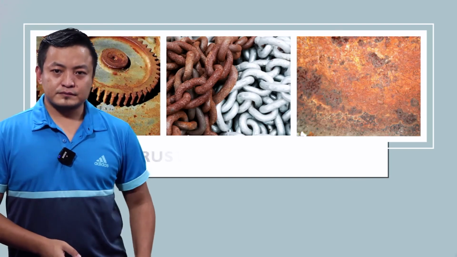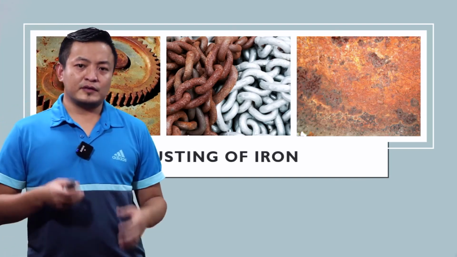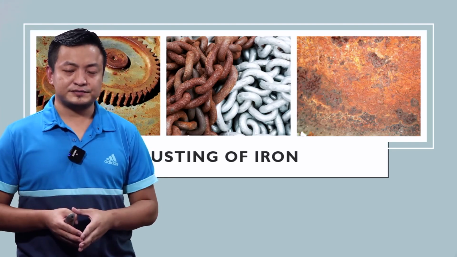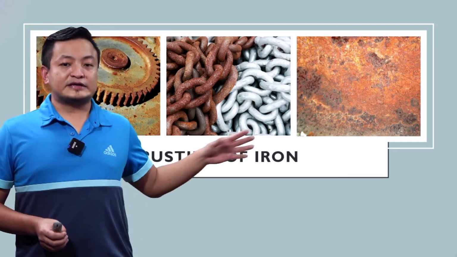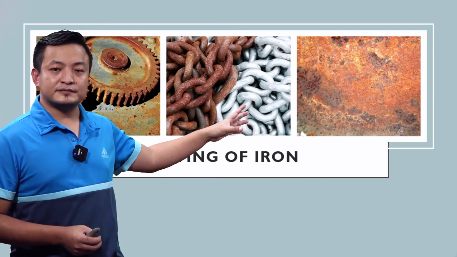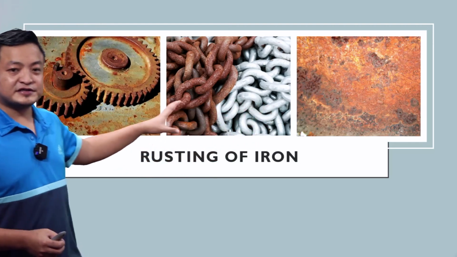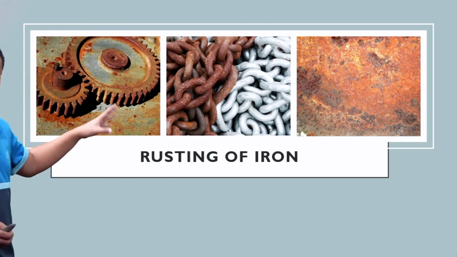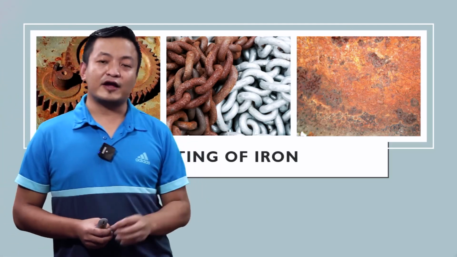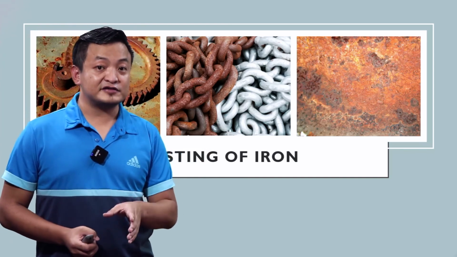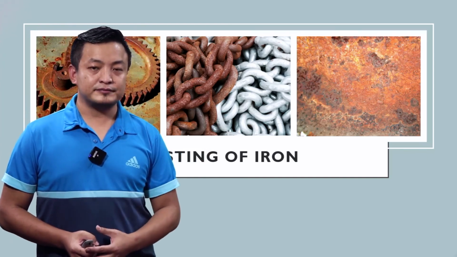Okay. So students, before we perform the first activity for chemical change, I'm sure this is familiar, right? All these pictures here are familiar, right? Now this is rusting of iron. Is rusting of iron a physical change or a chemical change?